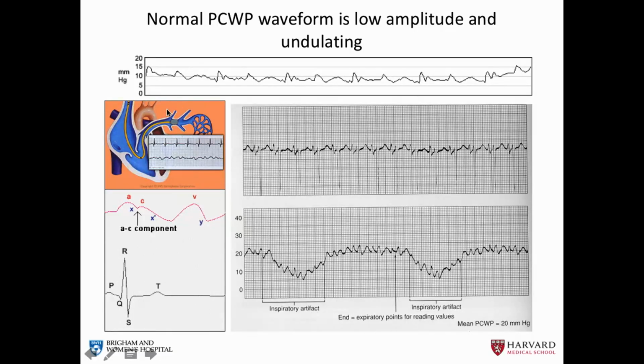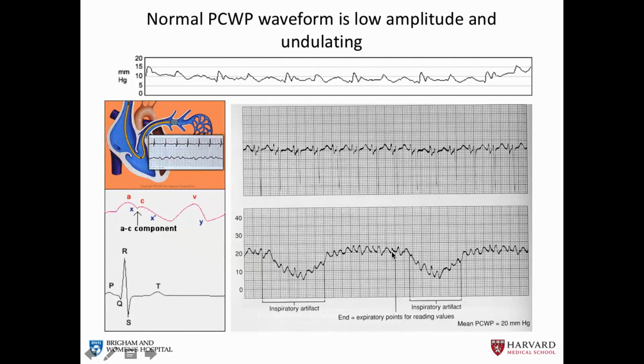Here you can see that the balloon is inflated on the tip of that catheter, creating that static column of fluid back to the right atrium. The components are exactly the same as what we went over for the central venous pressure. And this is what the waveform looks like, and you can see this significant respiratory variability, but we would use the same convention in a spontaneous breathing patient. We would read it at end expiratory pressure.